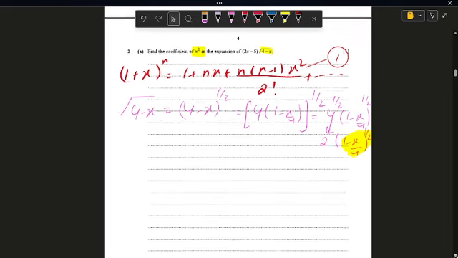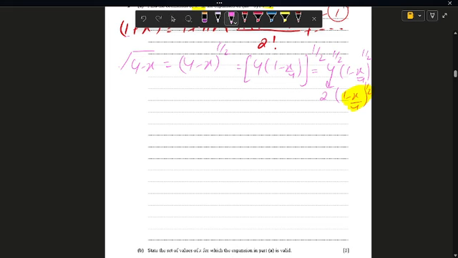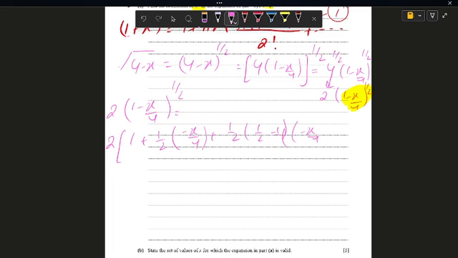Okay, 2 times (1 − x by 4) to the power 1 half could be written as 2 remains as it is, 1 plus 1 by 2 times (−x by 4) plus 1 by 2 times (1 by 2 minus 1) times (−x by 4) whole square divided by 2 factorial.